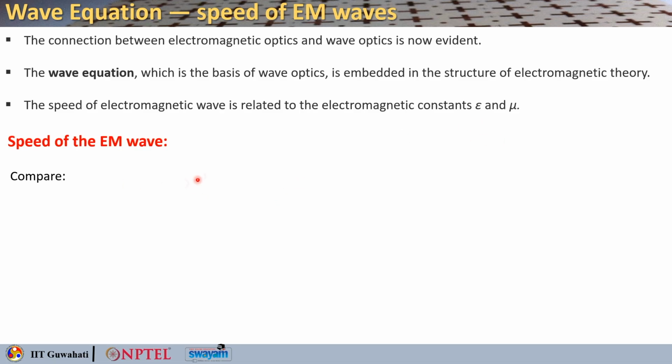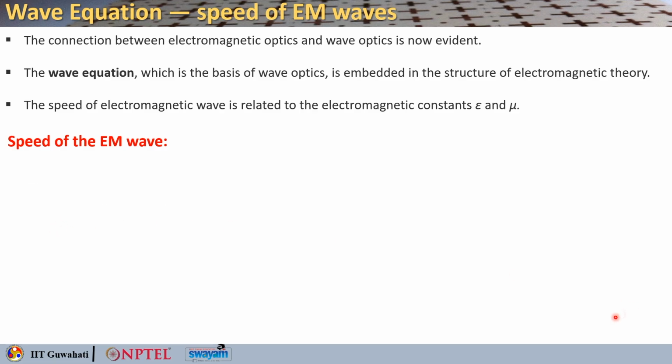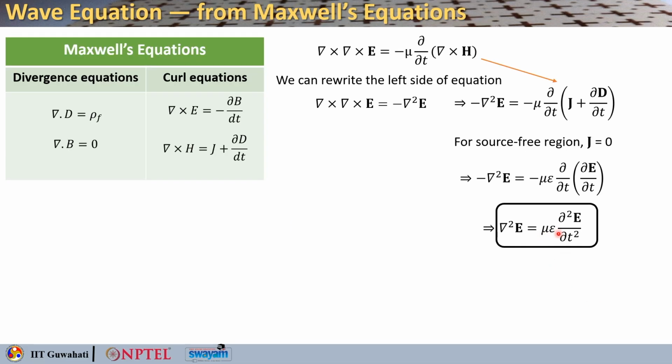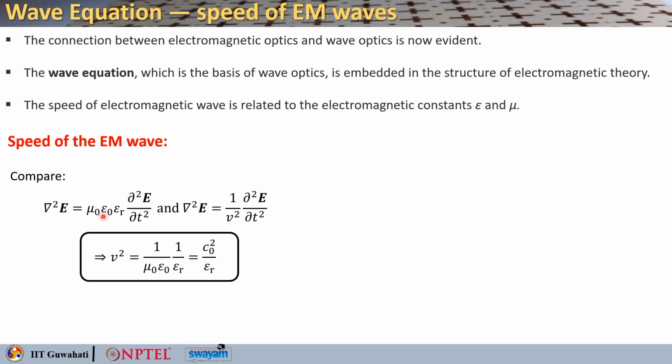mu. So, if you want to obtain the speed of electromagnetic wave, you have to compare this equation that you have just obtained, del square E equals, from the previous slide, mu epsilon. Okay. So, mu is basically mu naught mu r, the relative permeability and vacuum permeability.